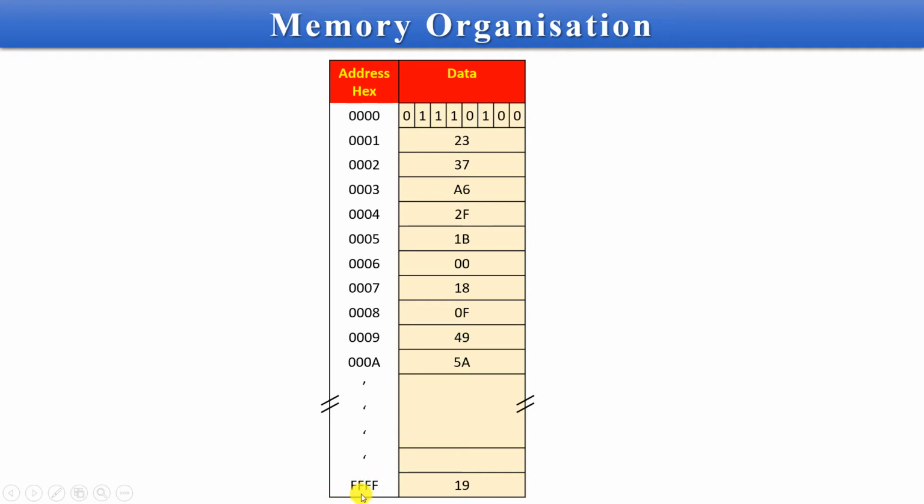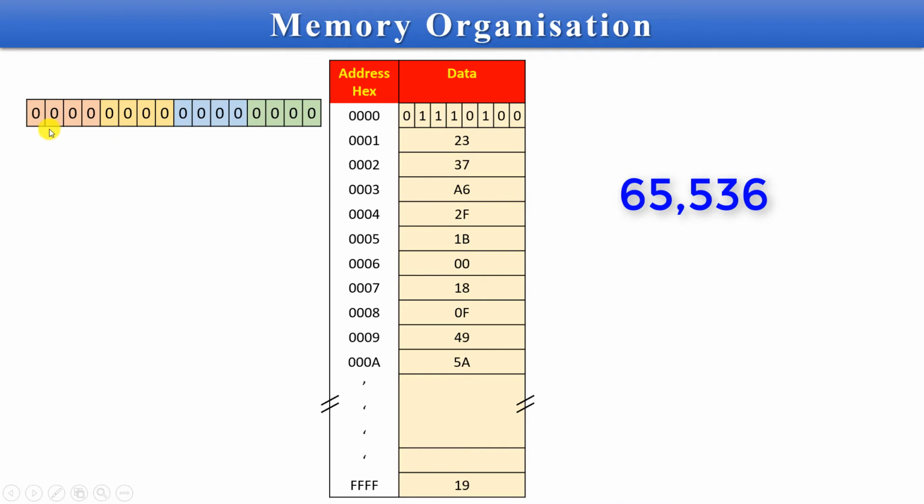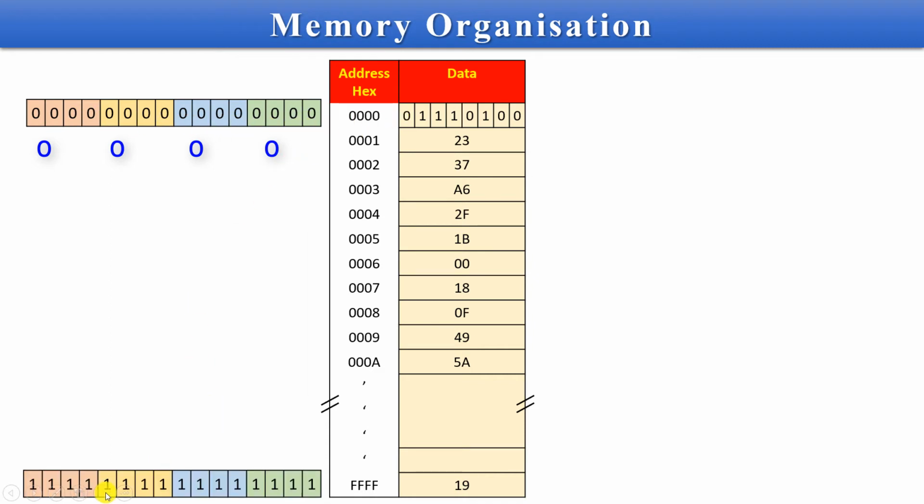So this is the last memory address of the memory block, and the total number is 65,536. The first address is represented in binary as all zeros, and the last address is represented by all ones. This gives you an idea of how the memory of 8085 is organized and what quantity of memory you can connect with 8085.